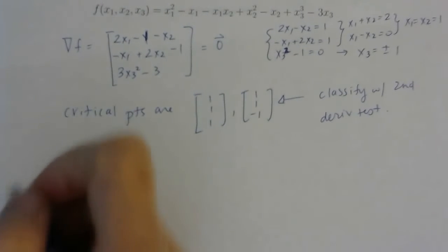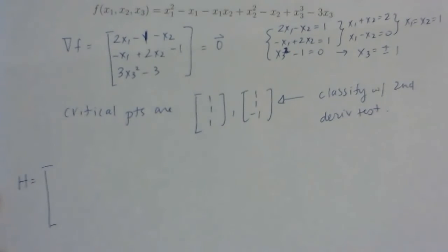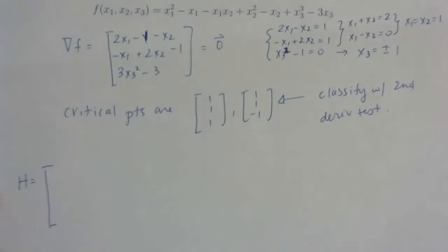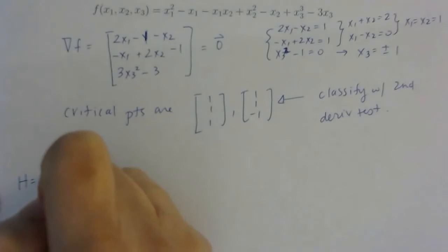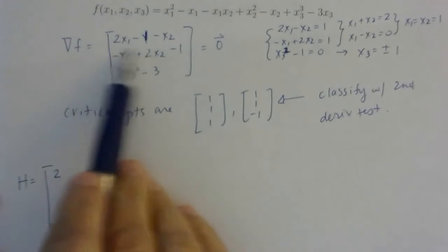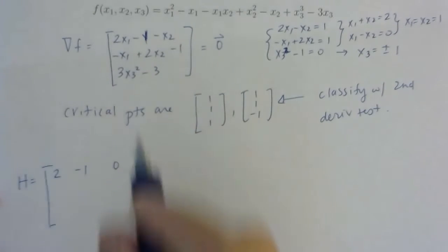Okay, so H is going to be a 3 by 3 matrix. So I need to do the second derivative with respect to x1 twice. So just a 2 from here. I'll do the derivative of this guy with respect to x2 is -1, with respect to x3 is 0.